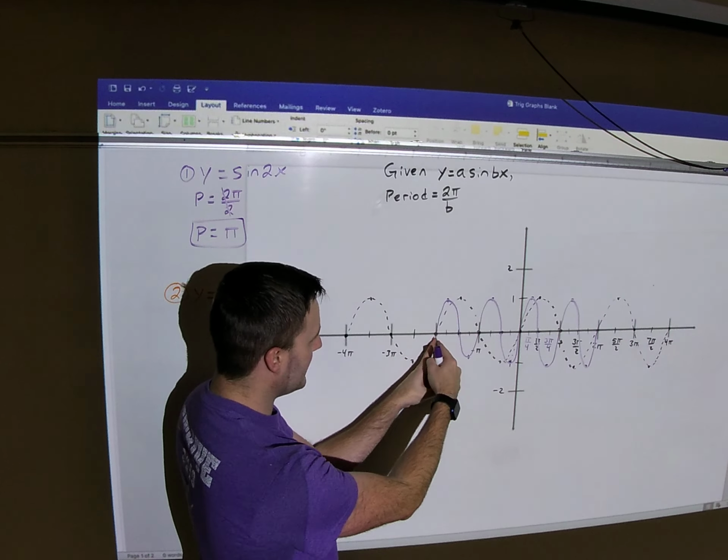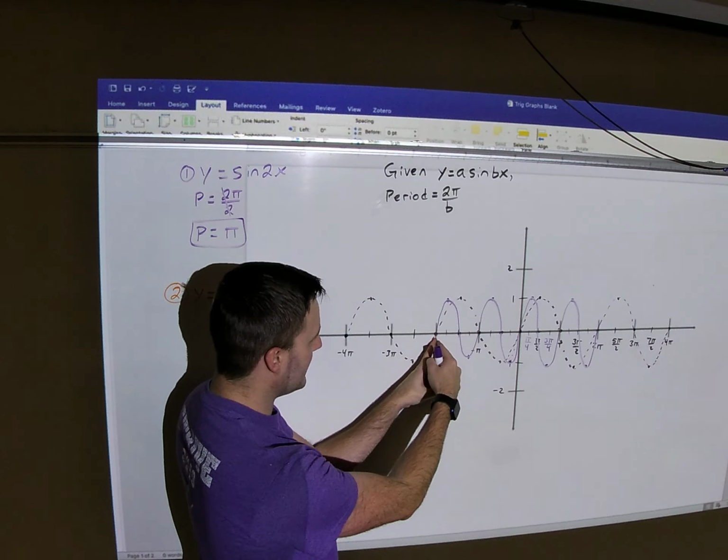Now we're going to add a little bit more to it with orange, and I hope we can see this okay. But what happens if this number b, the number attached to my variable, my unknown, my angle measure, is a fraction? So given the function, period is 2 pi over whatever that is, which in this case is 1/2.